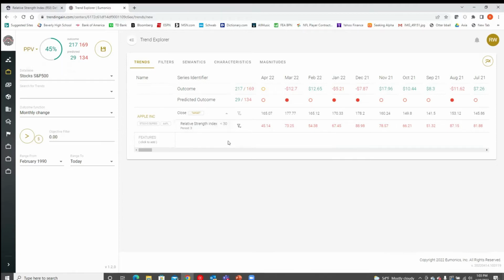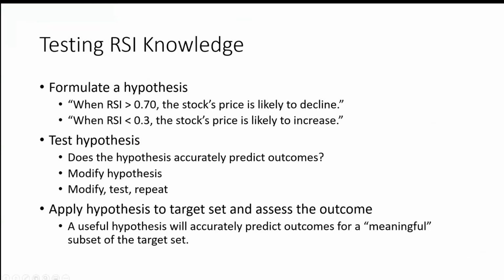Well, what does this mean? First of all, it means our hypothesis is wrong, at least the way it was formulated. But there are some things we can do to vary the specifics of our test. If you recall back in the PowerPoint I was showing you, the testing methodology is to first start with your base hypothesis and see if it works. And very often, or maybe almost always, it won't.